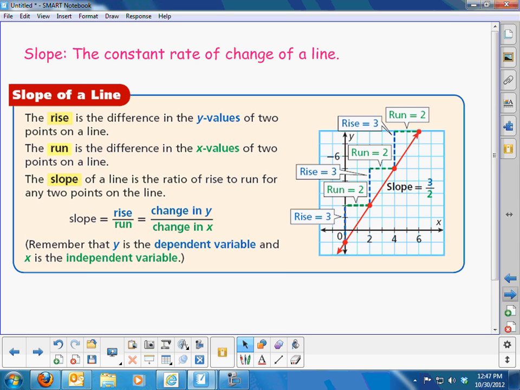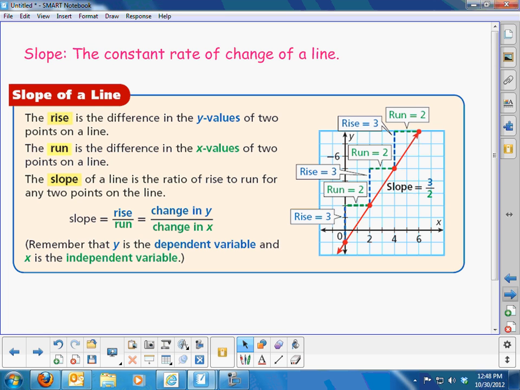Then I have my run, which is the difference in x value. So think about rise. If I ask you to rise out of your chair, you have to get up. So we're talking about the vertical change there, the change in the y direction. Versus if I ask you to run to the door, you're going horizontally. We're not running by bouncing up and down. We run horizontally. So the run is the difference in the x values between 2 points on a line.